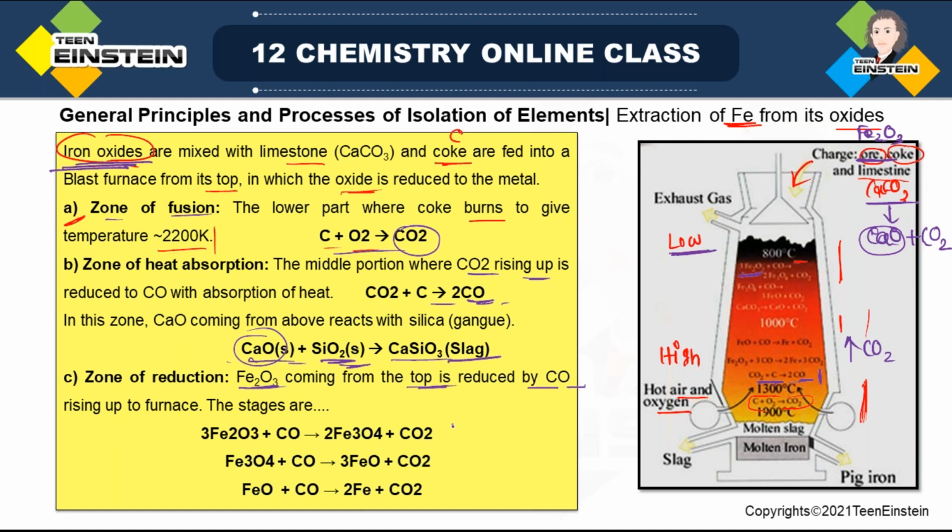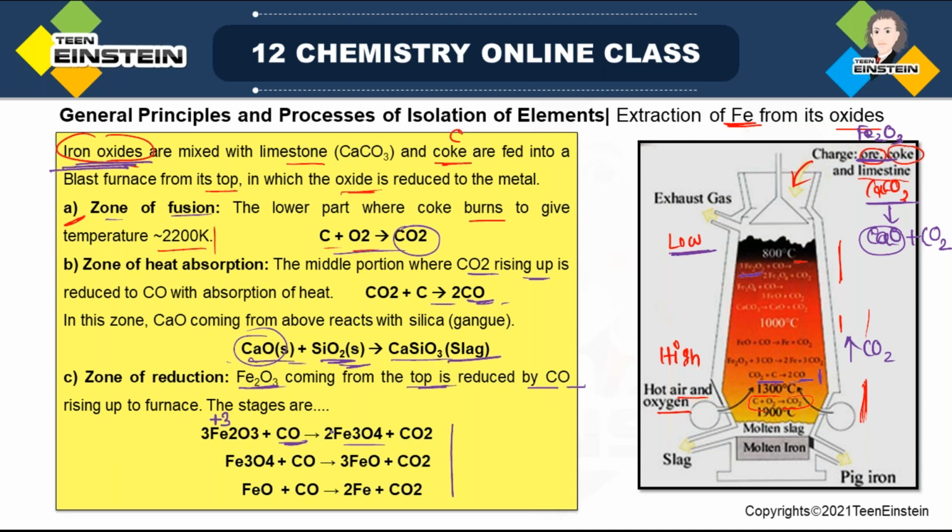But here we have some steps; it is not a direct one-step reaction. Fe2O3, coming from the top, first reacts with CO and produces Fe3O4. This is reduction by CO. See, here the oxidation state is +3.